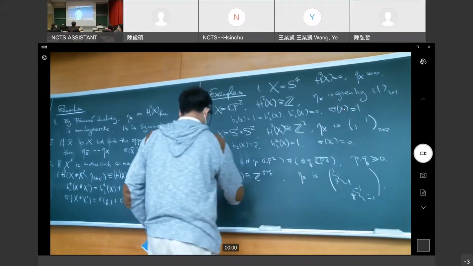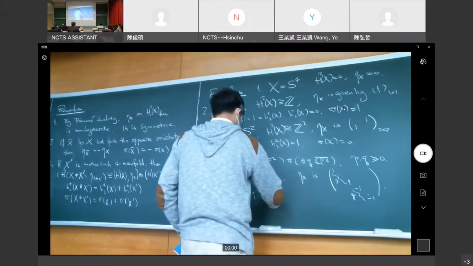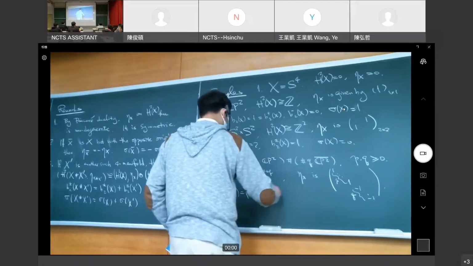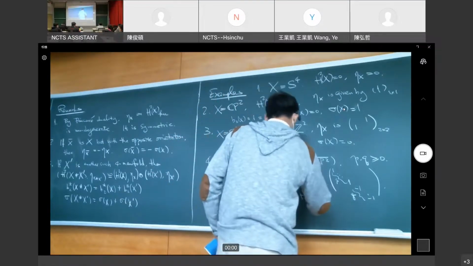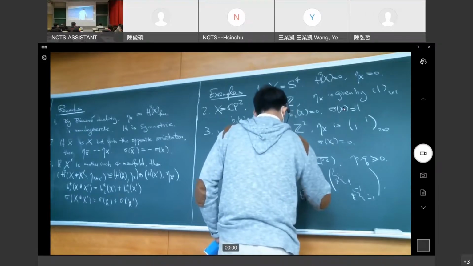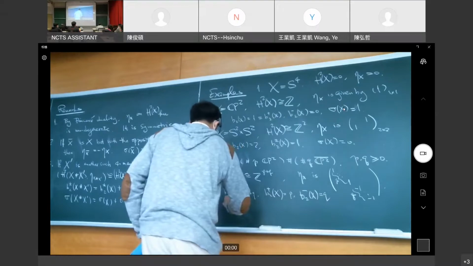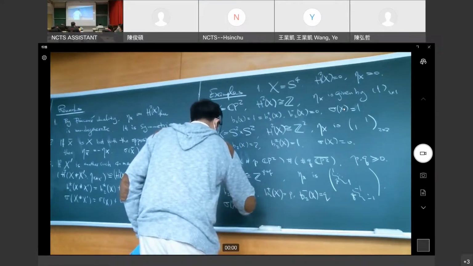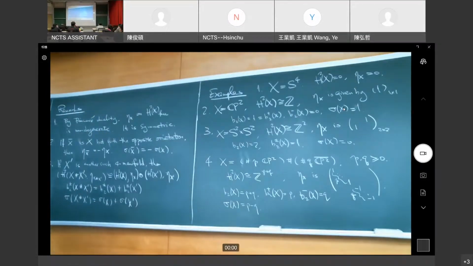Then you see clearly that B2 is P plus Q, B2 plus is P, B2 minus is Q, and the signature is P minus Q. So those are very simple examples. Are there questions?